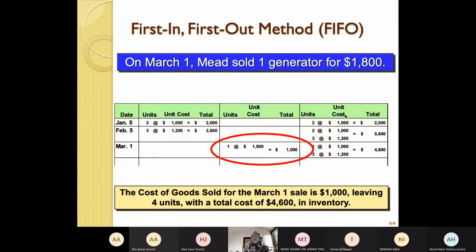Okay, let's look at the example here. On January 5th, you have a balance of 2 units and each one costs you 1,000. So total balance you have is 2,000. Is that clear?